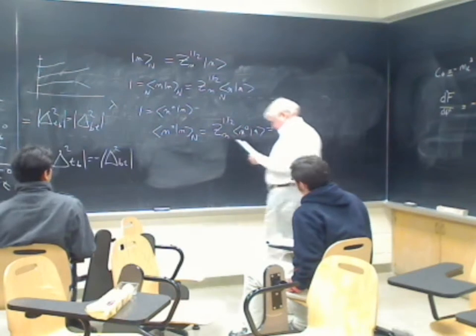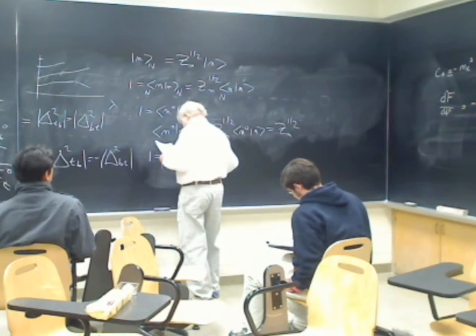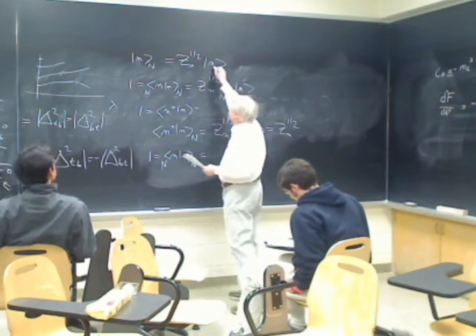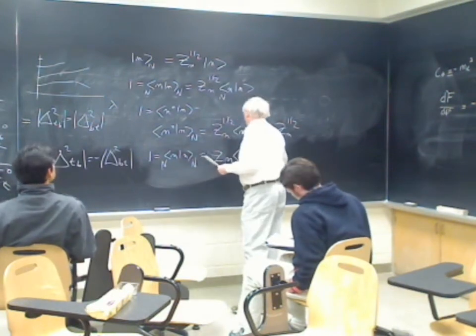Now, <n|n> is equal to 1, and that is Z_n times (n|n).